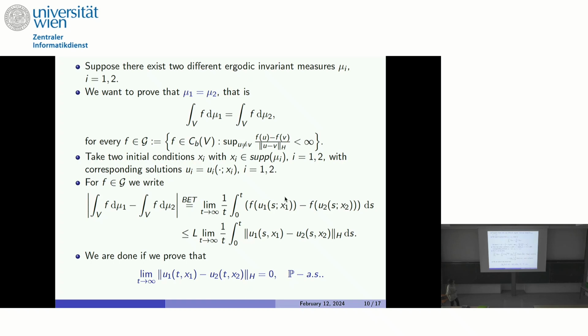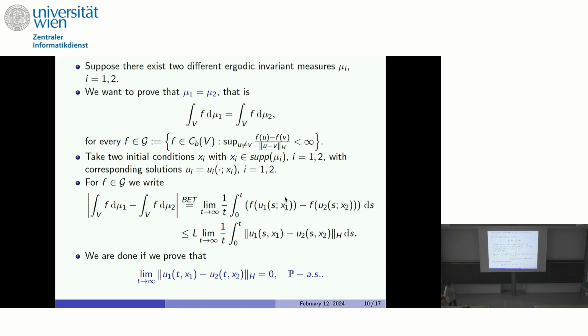Since f belongs to the determining set, it is bounded, in particular it is integrable with respect to the invariant measure, so we can apply the Birkhoff ergodic theorem and write this difference here as the limit when time goes to infinity of the mean in time of the difference of the two solutions. And now we use the fact that f is Lipschitz with respect to the H norm.